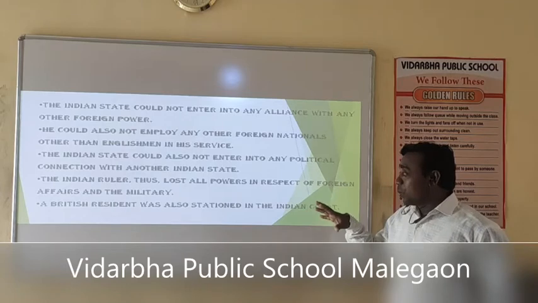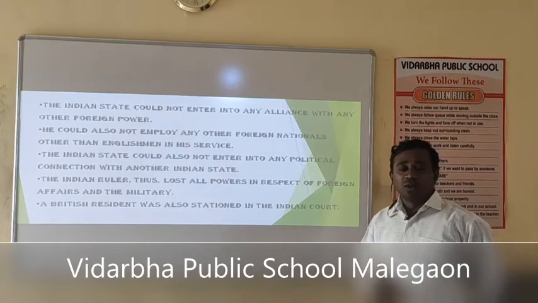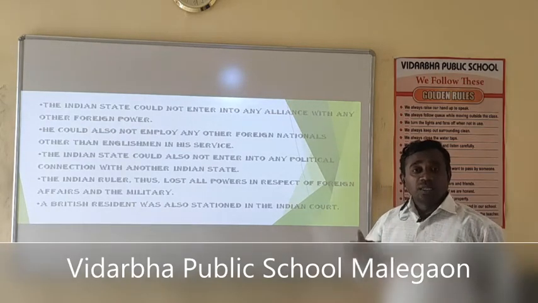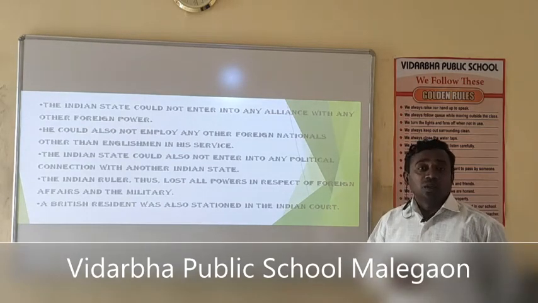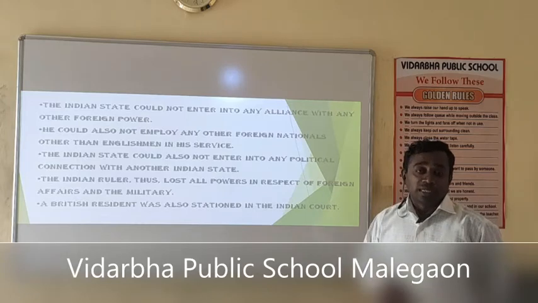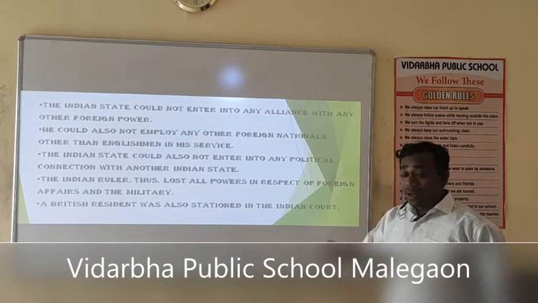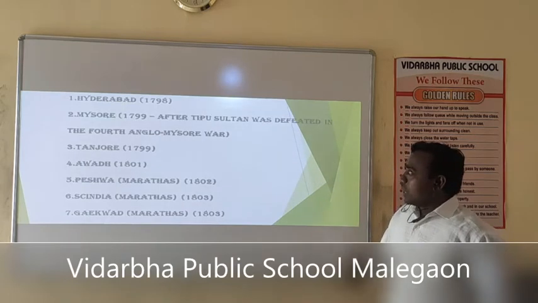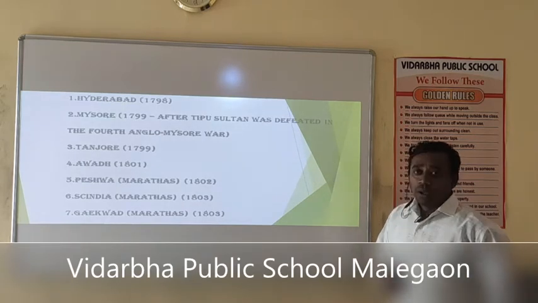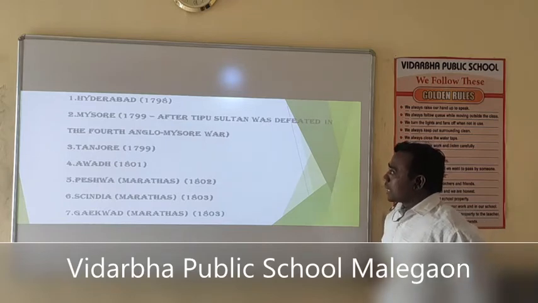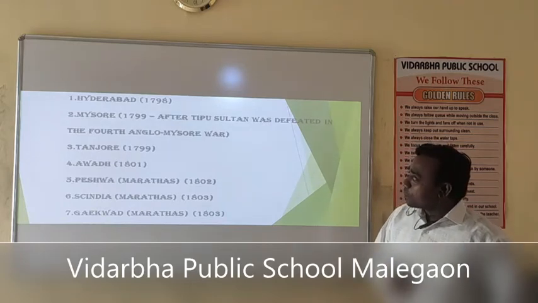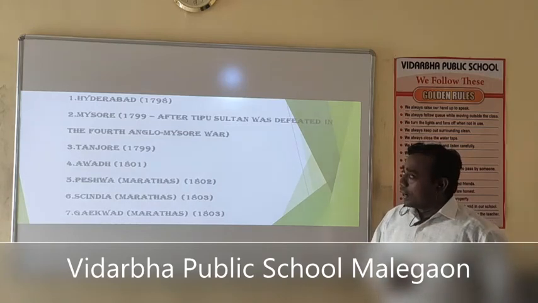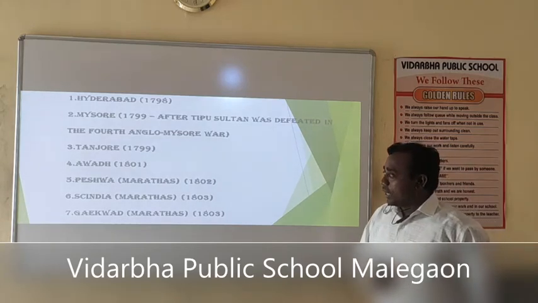A British resident was also stationed in the Indian court. He was called a Diwan. Right? So British Diwans, or British company-appointed people, were kept permanently in the court of the Indian ruler. So Hyderabad in 1798, Mysore after the death of Tipu Sultan in 1799 after the fourth Anglo-Mysore War, Tanjore in 1799, Awadh 1808.